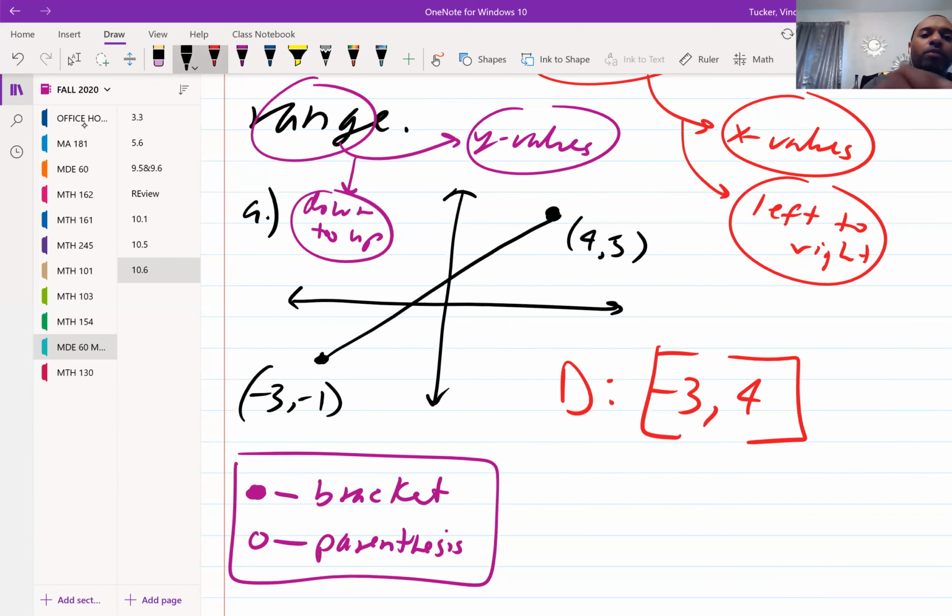All right, and then the range is going from -1 up to 5.